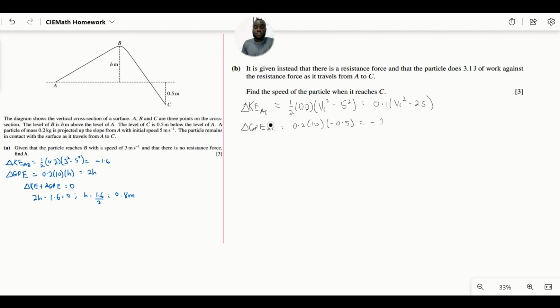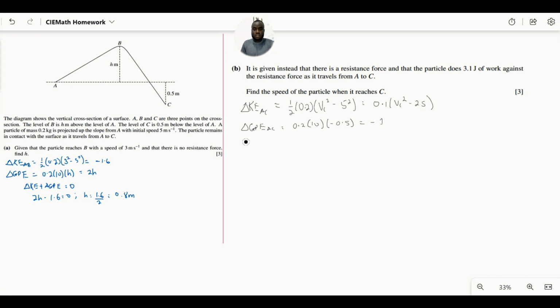First of all, before that, the change in GPE here is negative because if you consider the motion from A to C, the net displacement is 0.5 meters downward from A. So that's why the change in GPE is a negative number, because the body is moving from a higher potential to a position with a lower potential, which is C.